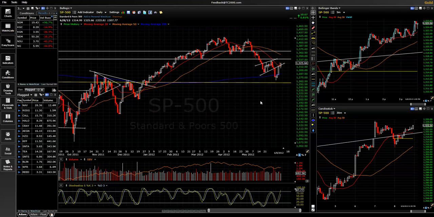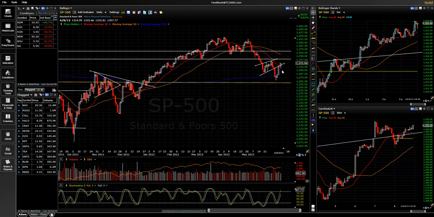The futures are up right now overnight about 1% due to the news of Spain being bailed out. So definitely watch that for tomorrow. Don't chase this gap up. If it does gap up, watch these levels on the S&P. What you want to see is, if we do gap up, are we going to hold those gains or are we going to fade those gains and then sell off? Is it going to be a sell the news event where we just pop in the morning, put in our highs, and then drift lower throughout the day?